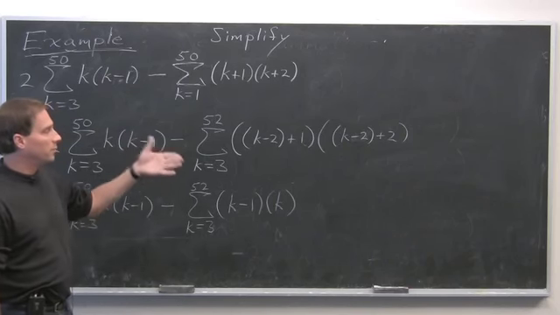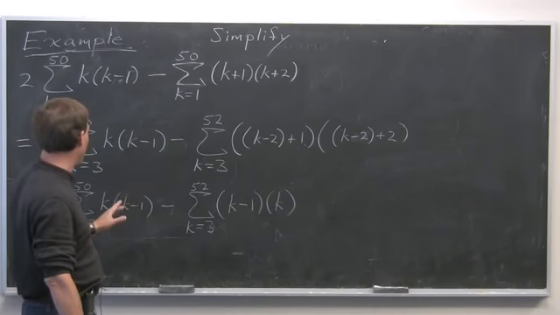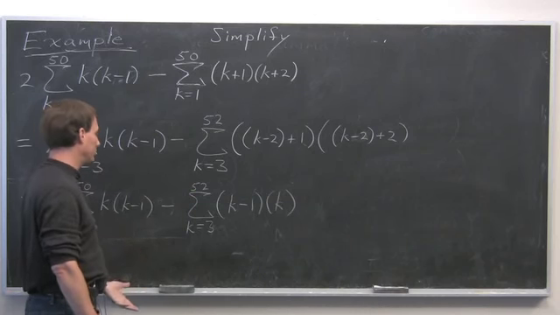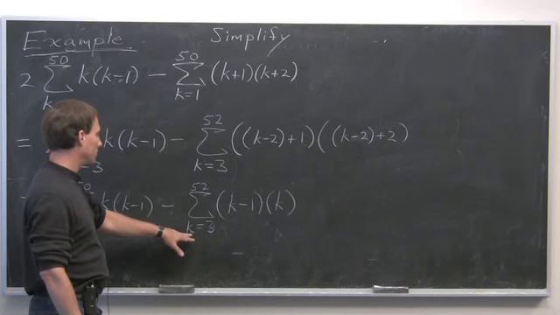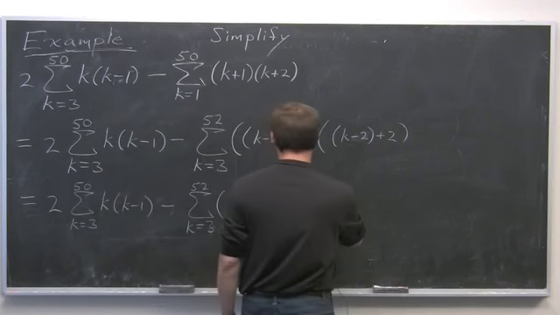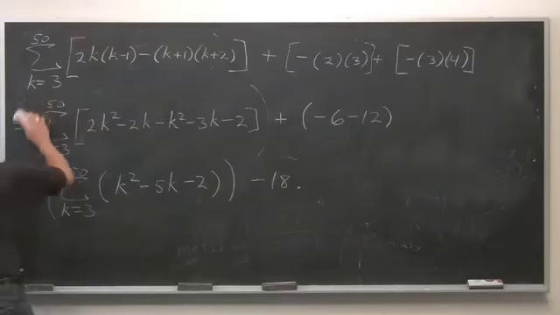So like we did in our other simplification, you split off the non-matching terms. We'll split off what happens at 51 and 52, and then have the sum as k goes from 3 to 50, and then combine it with this part.